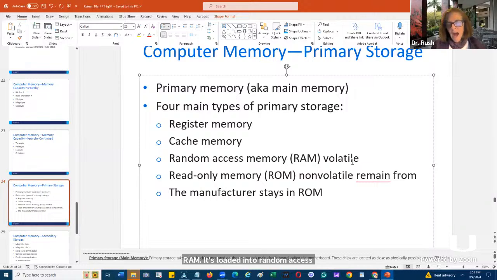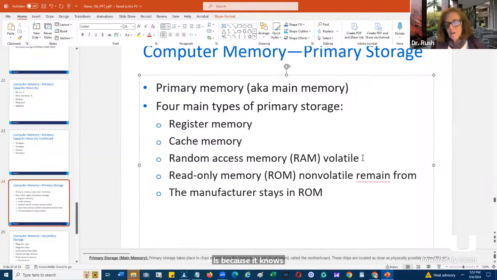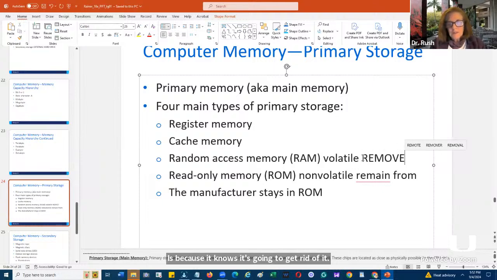When I exit PowerPoint, sometimes it will say, are you sure you don't want to save? Have you ever seen that? Or save as? The reason to save or save as is because it knows it's going to get rid of it. Volatile means it will be removed. Temporary.